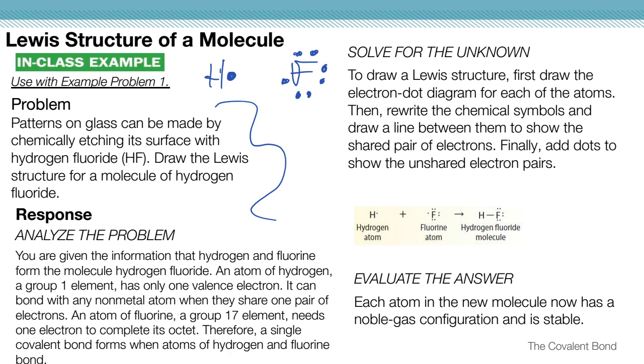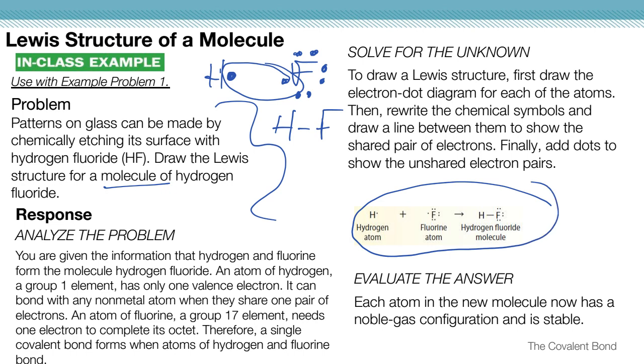But also it used the term molecule. So you know that these are covalently bonded, which means instead of taking one, they're going to share these 2. So you could represent it with a line like this. This over here just showed you the actual bonding, the chemical reaction with the different structures.